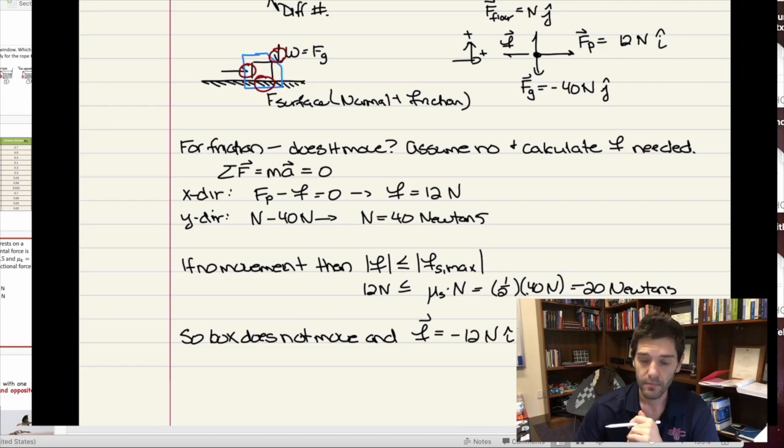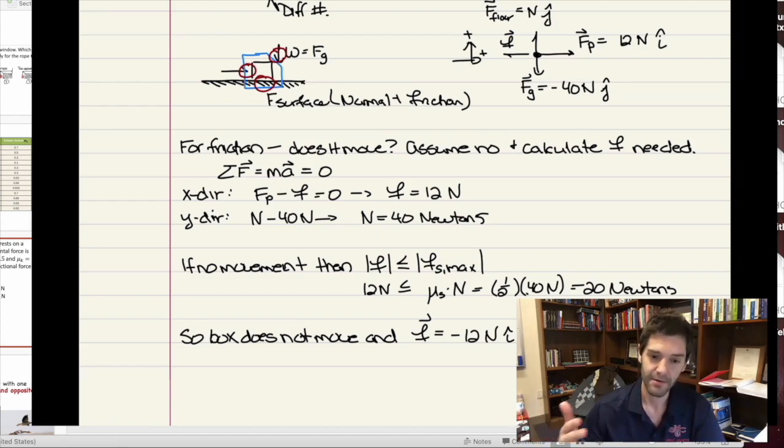Now, you could ask, what if this inequality where I wrote true was not true? Perhaps you got something like 12 newtons less than 8 newtons. That would obviously be false. So what you would then do is go back and start the problem over, but then you cannot say the acceleration is 0.